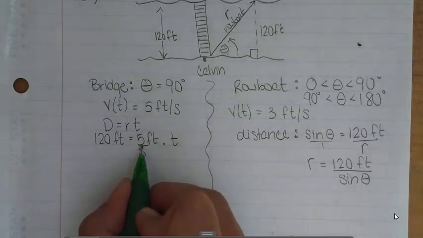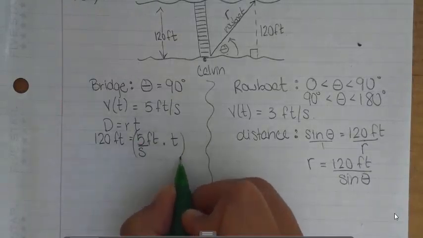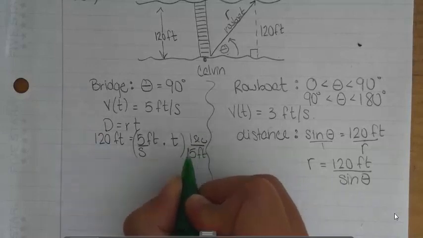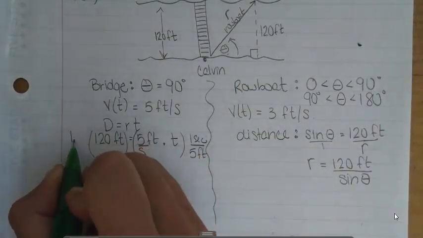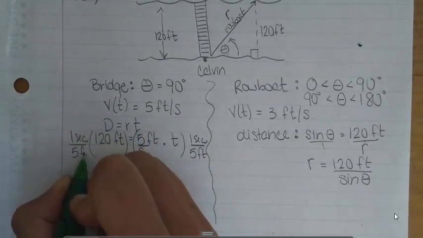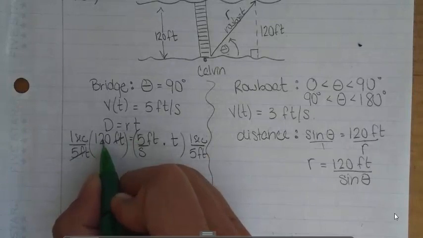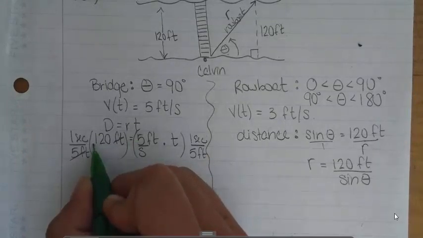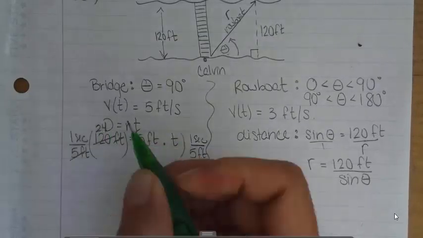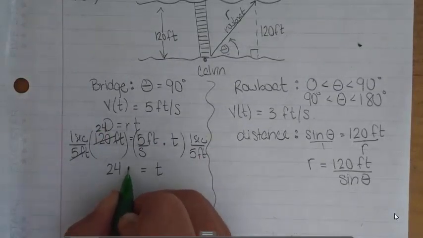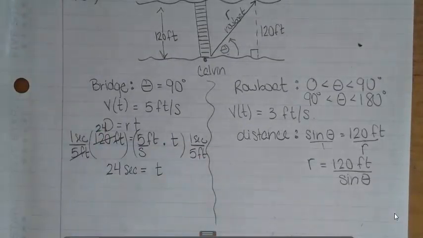Now I need to divide both sides by 5, so I multiply by 1 second over 5 feet. The feet reduce, and 5 goes into 120 24 times. So I end up with time equaling 24 seconds on that one.